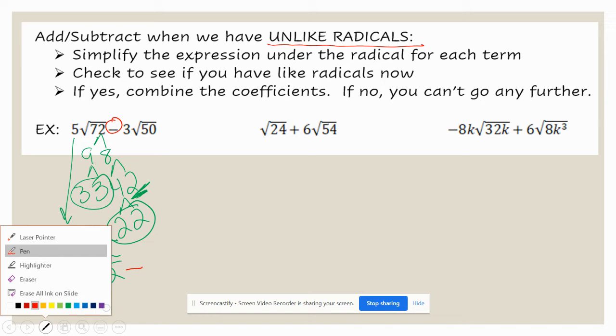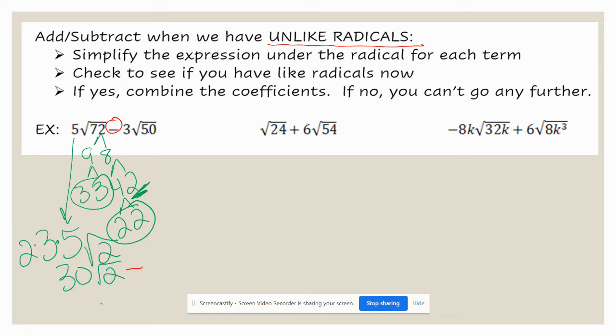And then I want to do the same thing over here with the 50. 50 is 2 times 25, and 25 is 5 times 5. Well, I have a pair of 5s, and this 2 gets stuck underneath. We already have a 3, so that comes down.